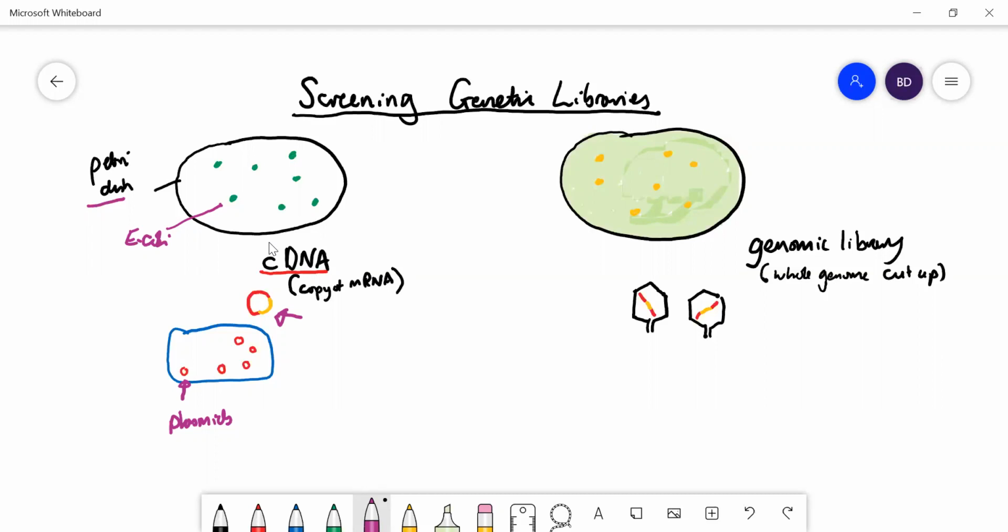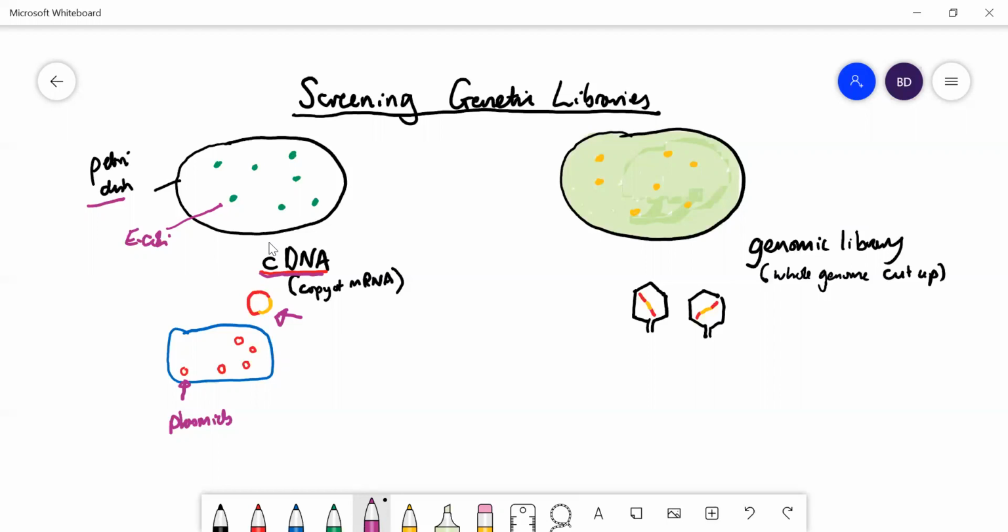All the mRNA from the cell has been extracted, and using the mRNA as a template, you have made multiple bits of copy DNA and inserted those fragments into plasmids, and the plasmid we call the vector, the carrier of that DNA.